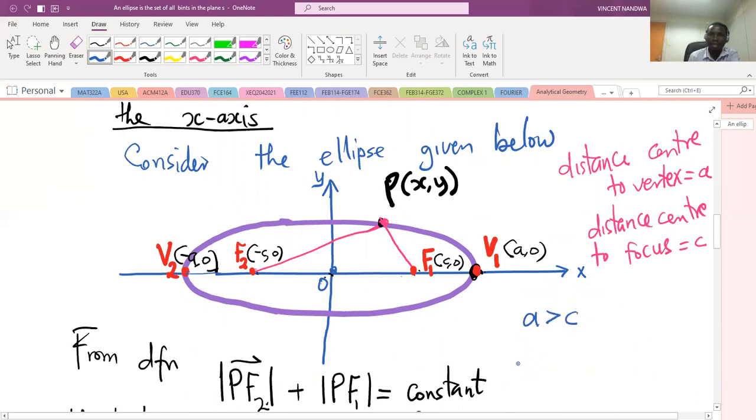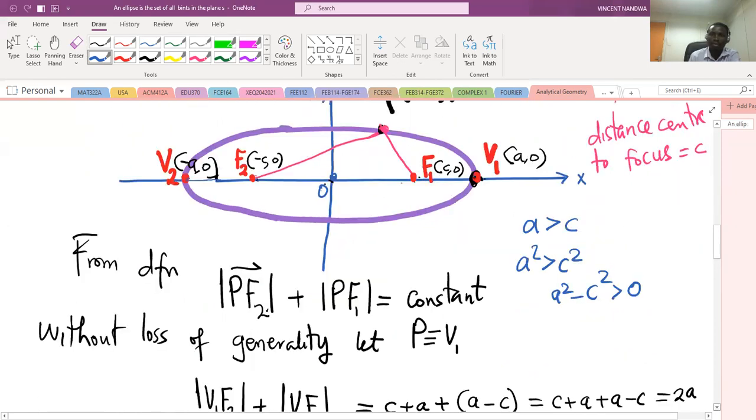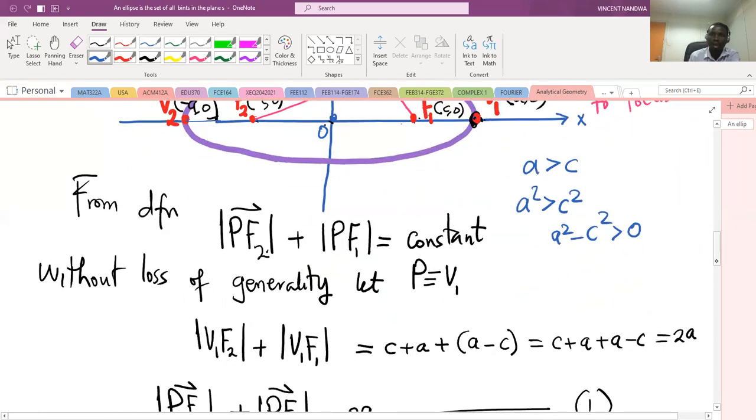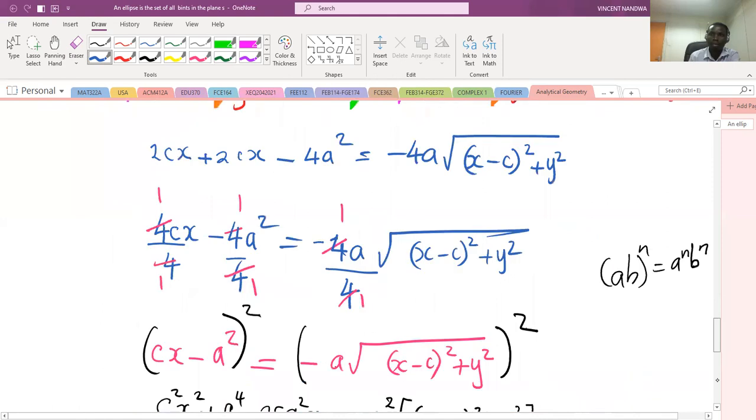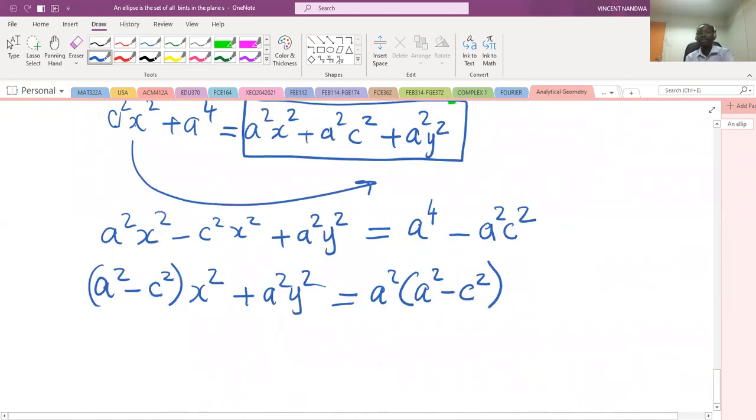And so when I say a squared is greater than c squared, a squared minus c squared must be greater than 0. So this is a positive quantity, and it's the difference of two squares. So I can let that be another value, and to ensure that the value is positive, I make it a square.